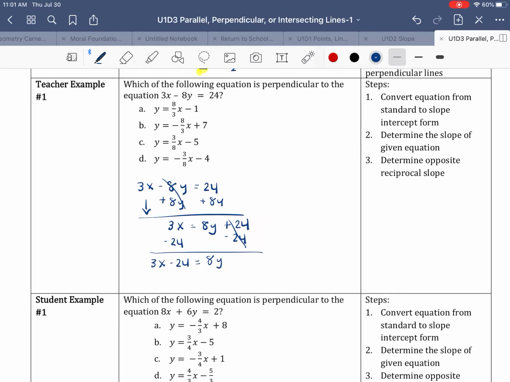And again, I want to isolate y. I know they're being multiplied. The opposite of multiplication is division. So I'm going to divide everything by 8. 8 divided by 8 goes to 1, so I can cancel that out. And I get y equals 3 over 8 x minus 4, oops, not 4, my bad, minus 3. And you get 3 when you do 24 divided by 8.